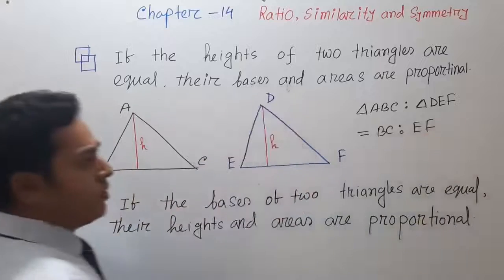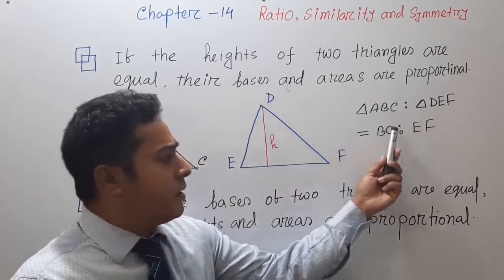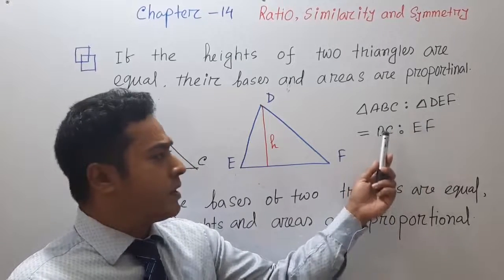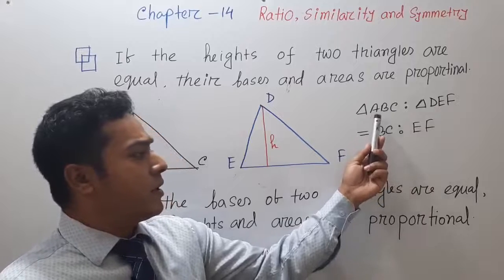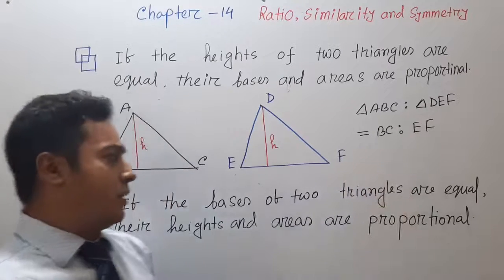So their areas and bases are proportional. That means the ratio of areas and the ratio of bases will be equal.